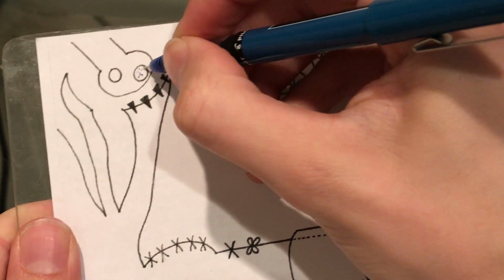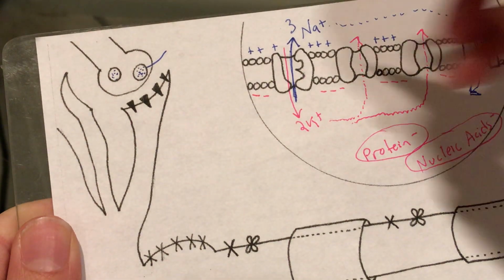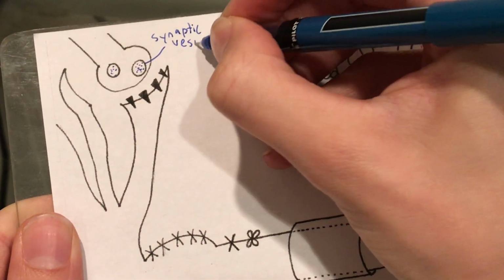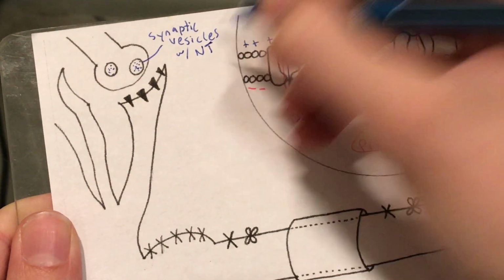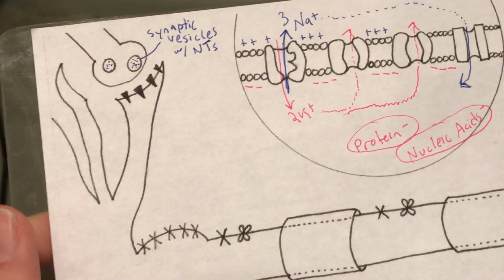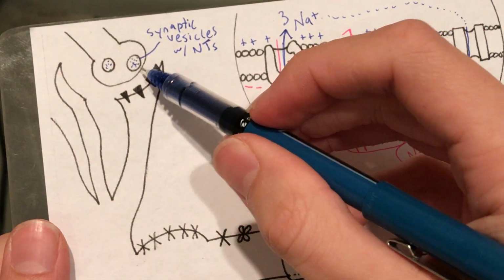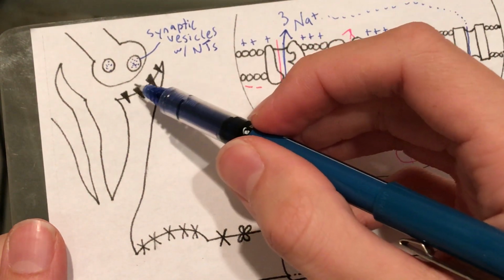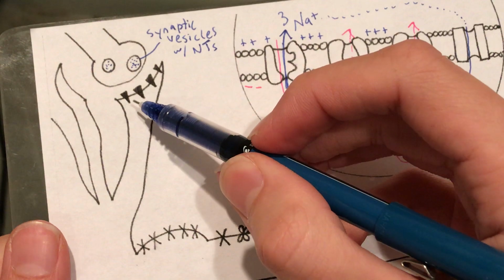So these are called synaptic vesicles, I'll spell it synaptic vesicles. And they have neurotransmitters, I'm just going to say NT, and NTs for plural. And this vesicle can fuse to the cell membrane of this neuron's axon terminal, and when it fuses, it can release those neurotransmitter contents into the synaptic cleft, the space between this neuron and this neuron's dendrite.